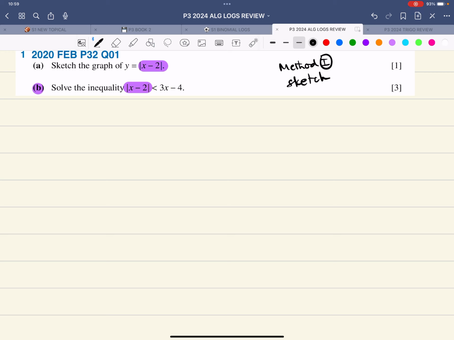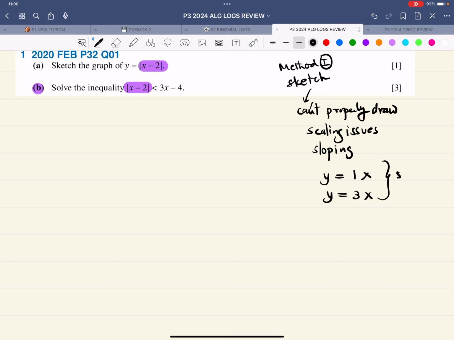The reason being, I love sketches, but the problem is the students cannot properly draw because it's not a grid, because scaling issues come in, because sloping issues come in. Now if I'm drawing y is equals to 1x versus y is equals to 3x, the steepness causes a problem and that causes a change in the answer. So this is an issue for a lot of students, so therefore I'm not going into that.